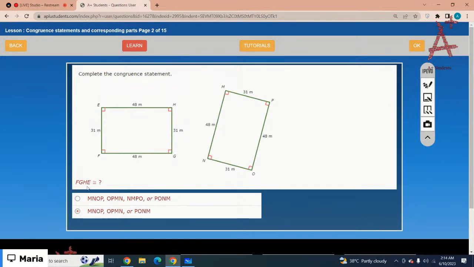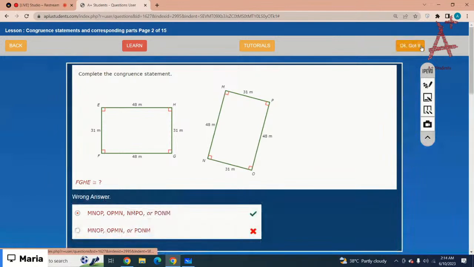Got it? It would be FGHE, 48, 31, 48, 31. So if you start from here M, 48, 31, 48, 31, it would be MNOP. Got it? So MNOP, OPMN, NMOP, and yes, PONM. That would be option number one. Sorry.